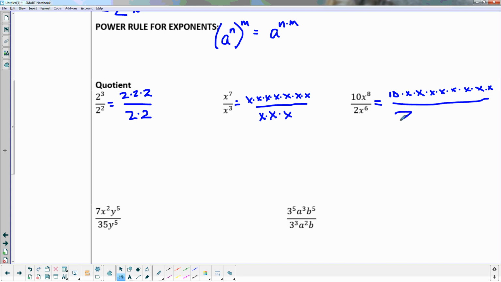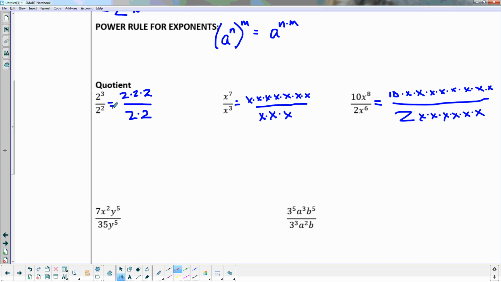Tough one there. And then 2, that's a crazy looking 2. 2, 3, 4, 5, 6. So now I have them expanded, and now we'll try to figure out what happens here.